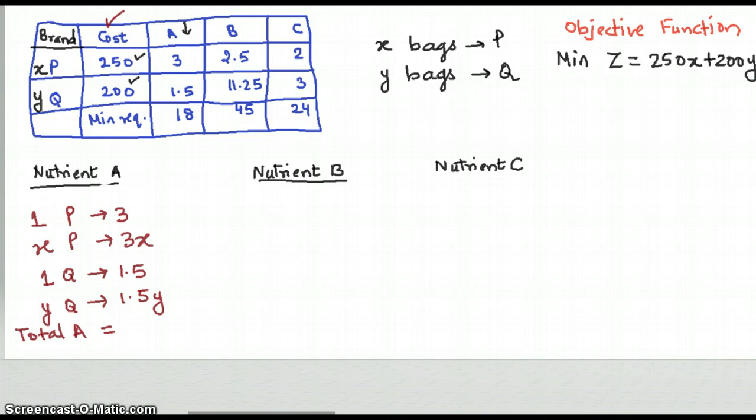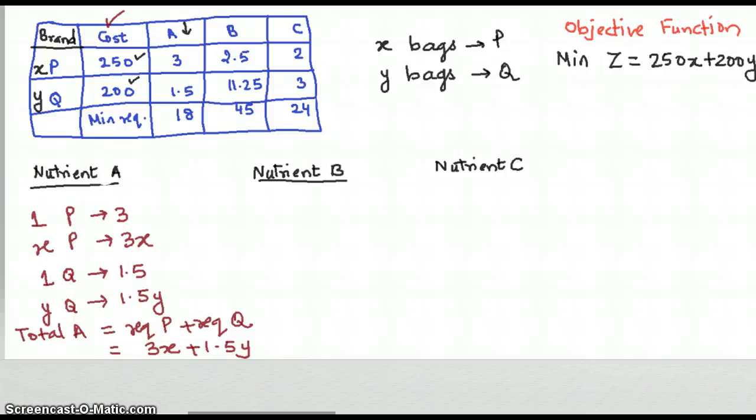This is the requirement by P and by Q, which is 3X for bag P and 1.5Y for bag Q. Now what is the minimum requirement of nutrient A?